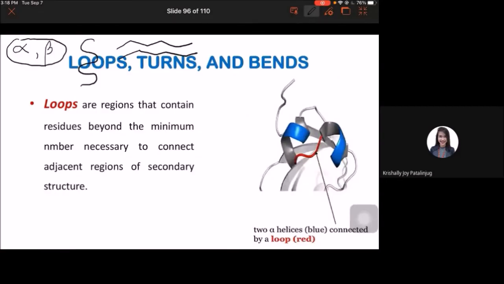Okay? Now, ang tanong, ano yung connection nito, yung alpha helices, beta sheets, sa loops, turns, and bends?